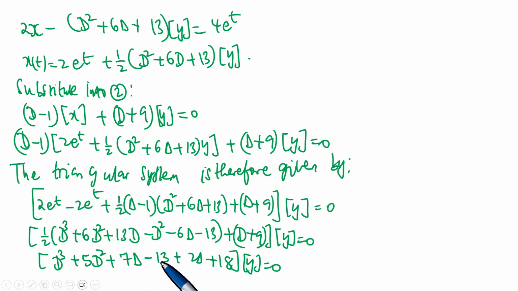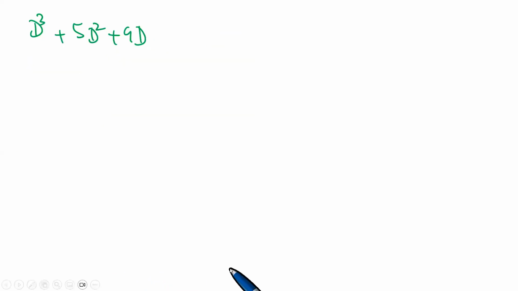And then now you have minus 13 plus 18 plus 5 into y, and this is equal to 0. Now we managed to get it in terms of y only. X is gone by substitution, by back substitution, if you like.